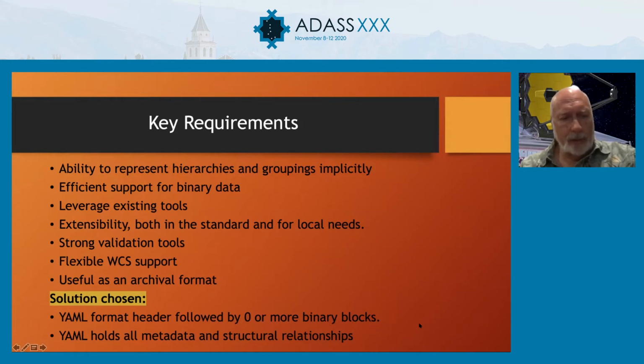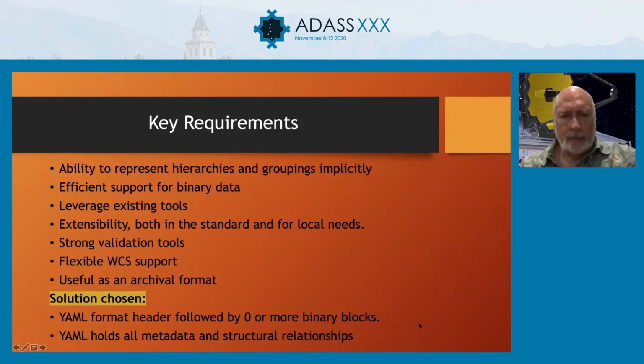Extensibility was very important, not just in a standard, but if people had local needs that they needed to adapt to. I'll talk a little bit more about this later. It had to be easy to adapt to those. Important to us was also being able to validate that files are correct.